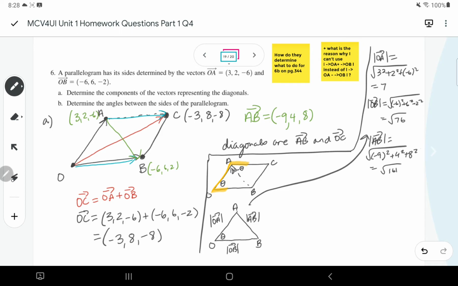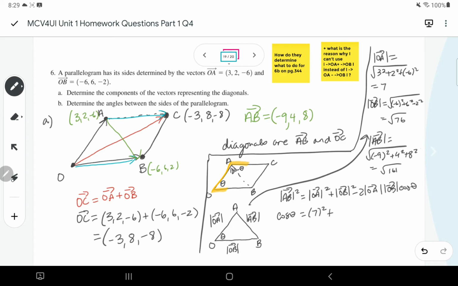So I know that the magnitude of AB squared is the magnitude of OA squared plus the magnitude of OB squared minus 2 times the magnitude of OA times the magnitude of OB times cos theta. So rearranging this, I'm going to get cos theta equals, now the magnitude of OA squared is 7 squared.